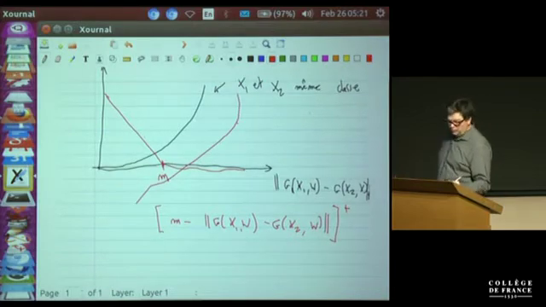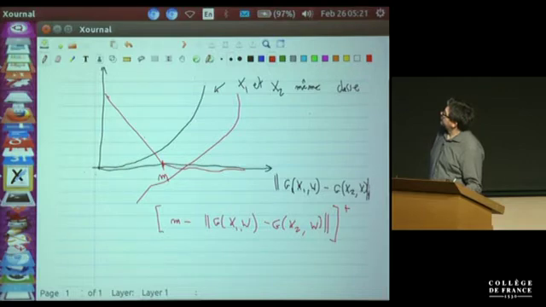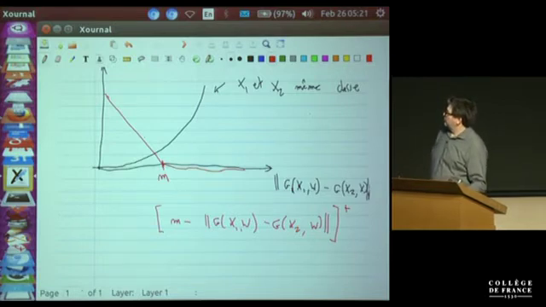The total cost function will be the sum of two terms, which will be this distance that I wrote here, plus this one.